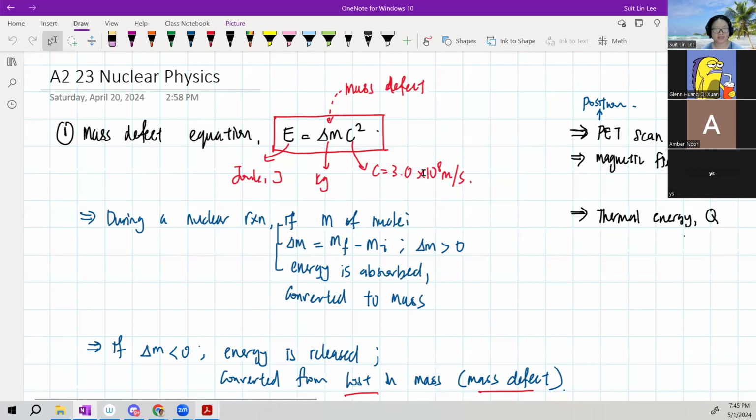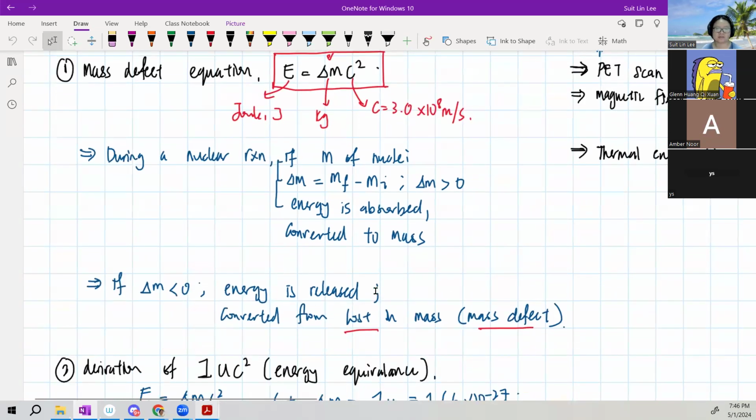Everything here is in SI. If the mass of the nuclei increases, that means energy is absorbed and converted to mass. If the mass decreases, the missing mass is converted to energy released.